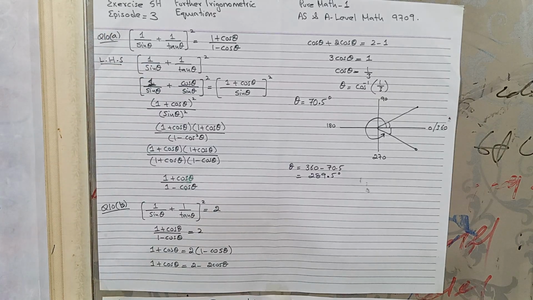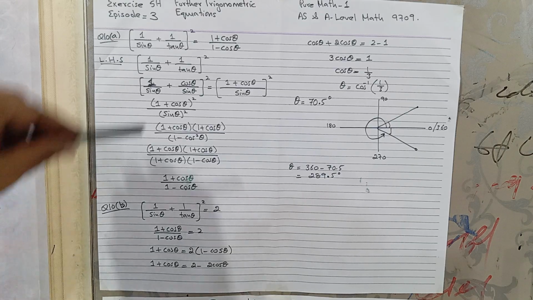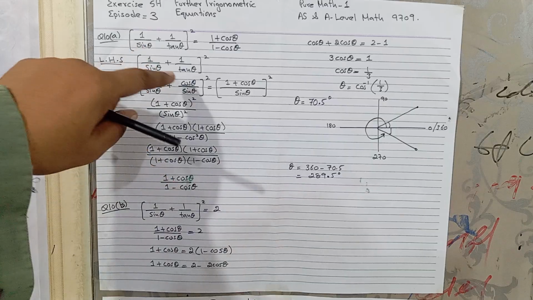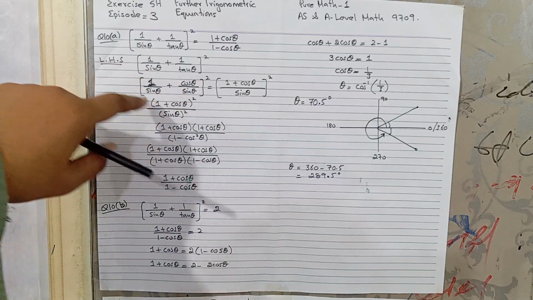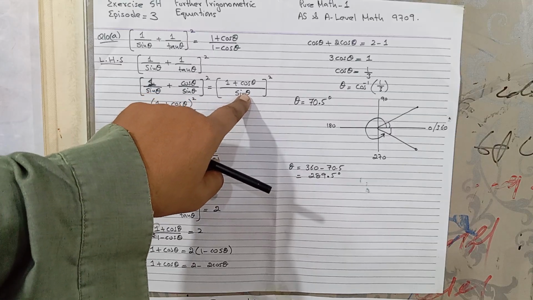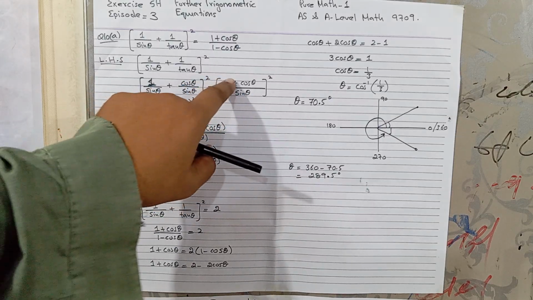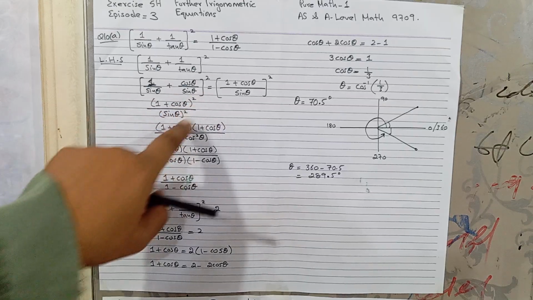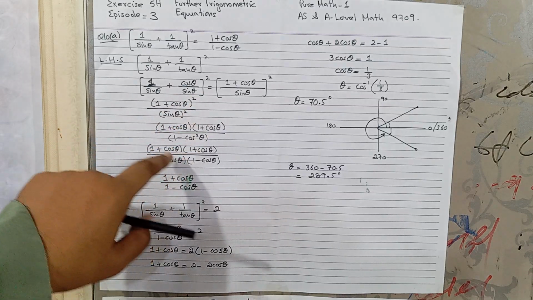In the place of tan theta, I can write sin theta by cos theta, because it is in the denominator. When that fraction flips, you will have cos theta by sin theta. Take the LCM, so you will have (1 plus cos theta) whole squared divided by sin squared theta.